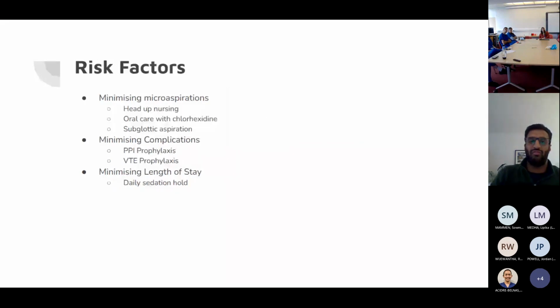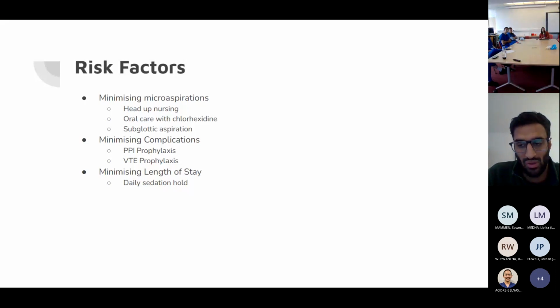So going on to how we might go about preventing ventilator-associated pneumonias, or what risk factors there are. Essentially, we can group them into 3 categories.